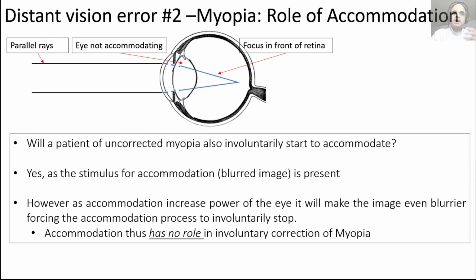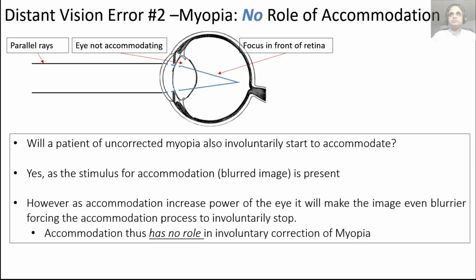But if you ask a hypermetropic child, because children have a lot of reserve accommodative amplitude, to read from the billboard, hey, can you point out to an A? They probably will point out to an A because although they are hypermetropic, they can use some of their accommodative amplitude to overcome that error. But no way you can overcome myopia that way because accommodation has no role. It actually makes things worse. So no role of accommodation in myopia.